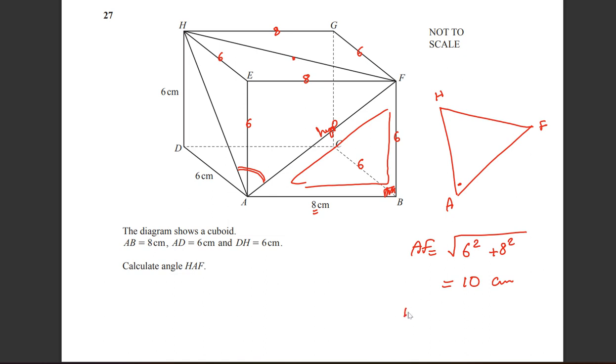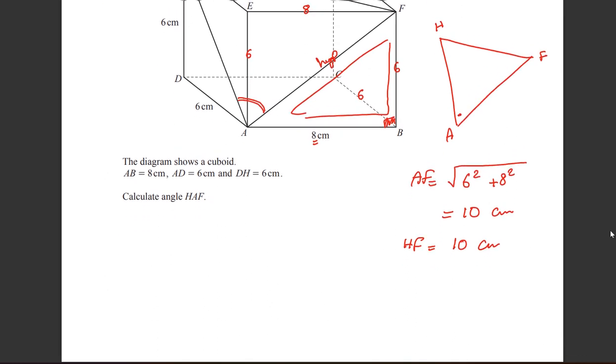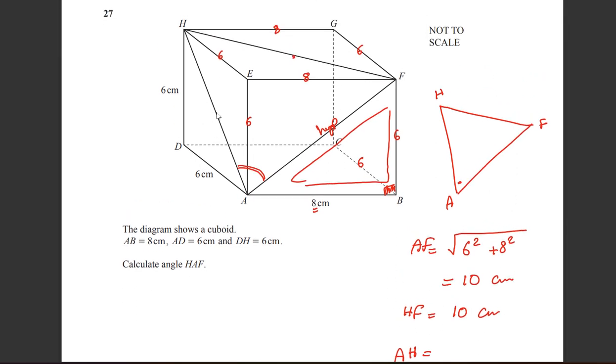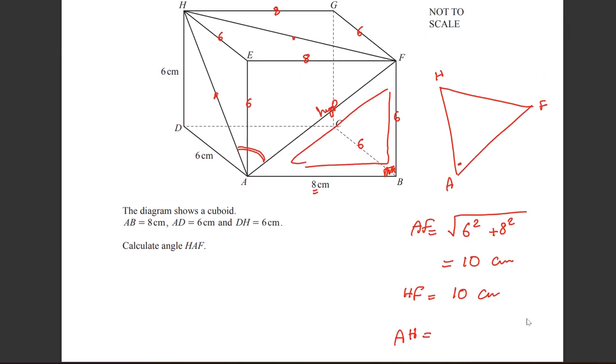Good job. For the last one, which is AH, let's put it in a triangle and see if it is a hypotenuse or a leg. Here AH is the hypotenuse, so I will put the root. Where are the two legs? 6 and 6. So root of 6 squared plus 6 squared, and do it on the calculator.